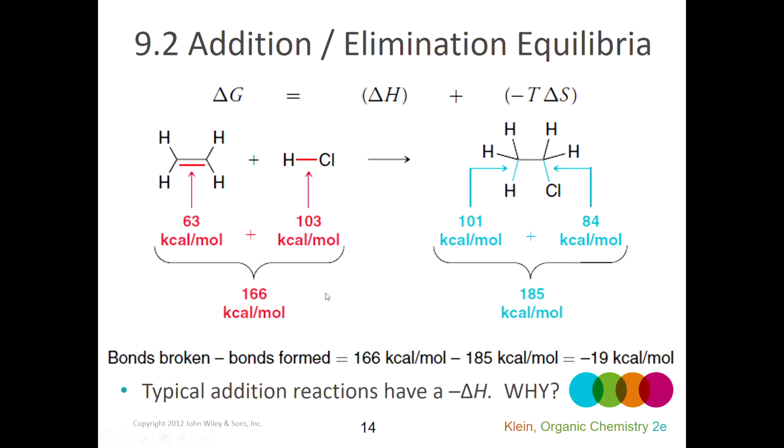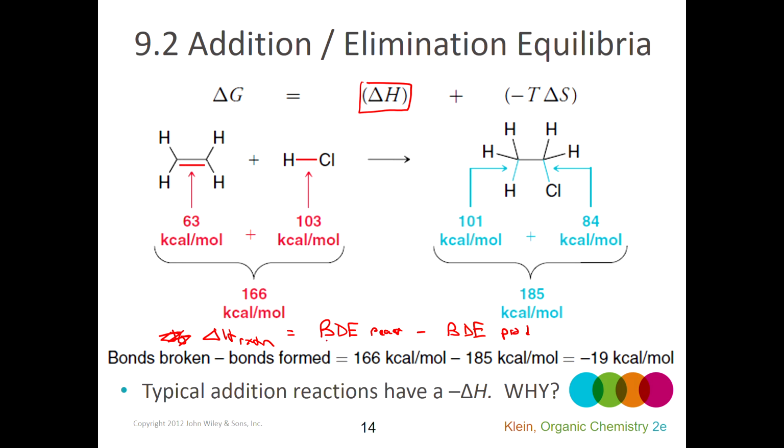Just looking at one example, if you want to get a sense for what the actual value is for delta H, if you recall from Gen Chem, delta H for a process or a reaction can be thought of as the bond dissociation energies of all the reactants minus the bond dissociation energies of all the products.